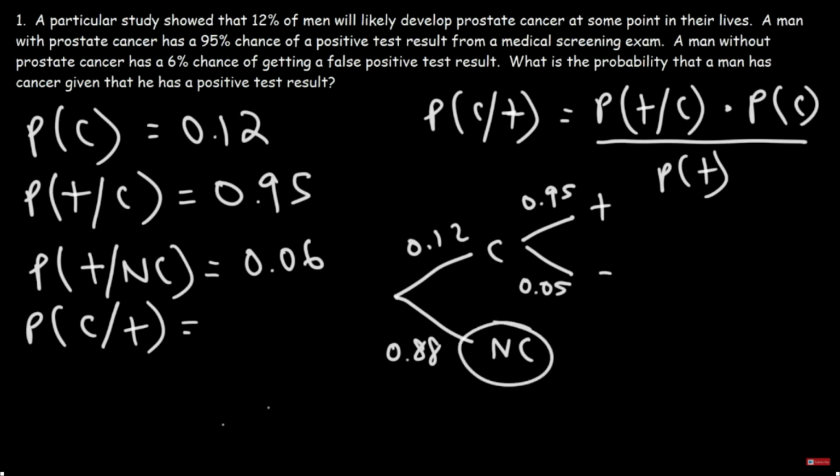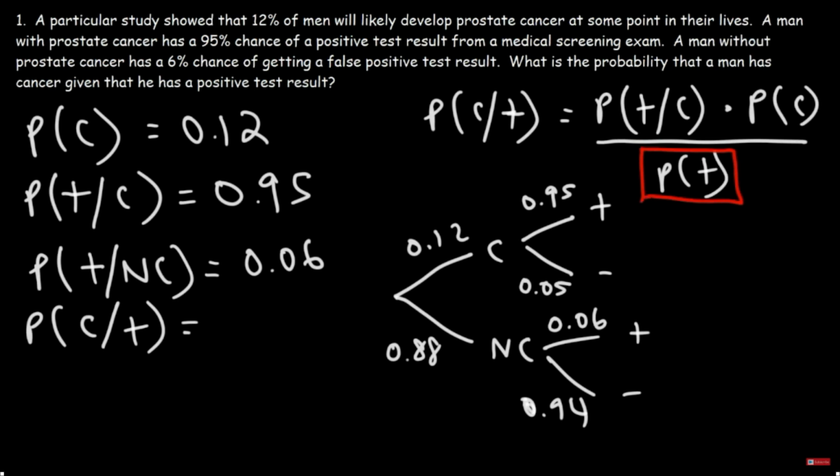Now, out of those who do not have cancer, 6% will have a positive test result, which means the other 94% will have a negative test result. So using this tree diagram, how can we determine the probability that the person will have a positive test result?